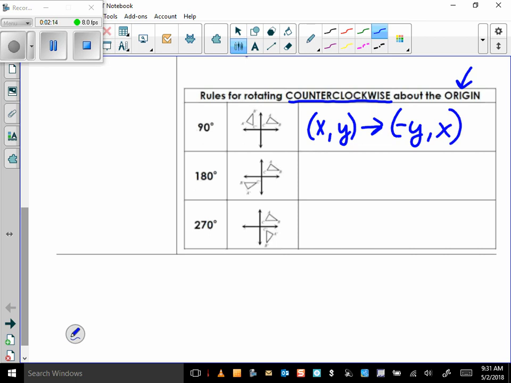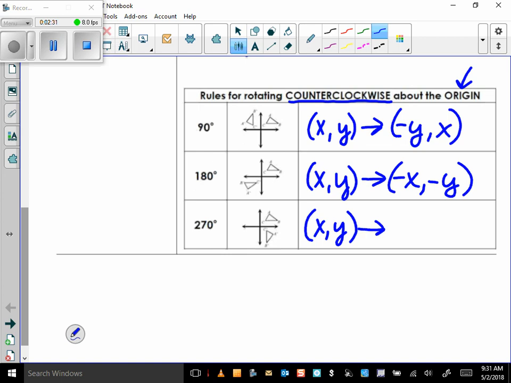If I'm rotating 180 degrees counterclockwise, xy goes to negative x, negative y, and for 270 degrees counterclockwise, xy goes to y, negative x. So you just have to apply these rules to your vertices, or maybe we're just rotating one point.